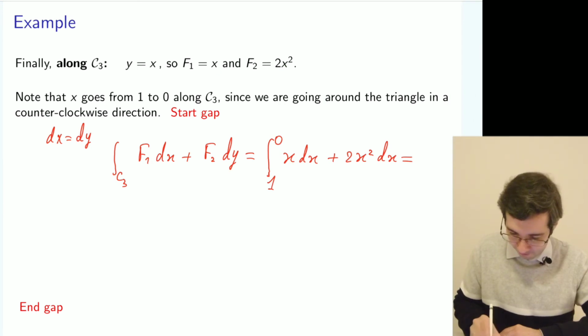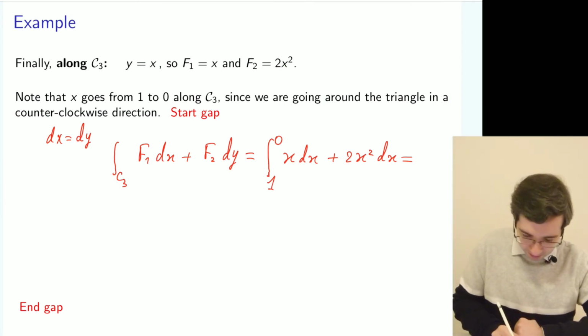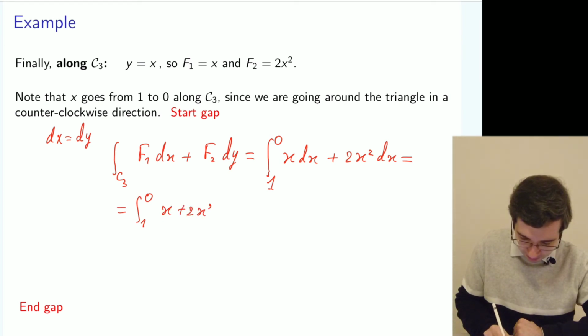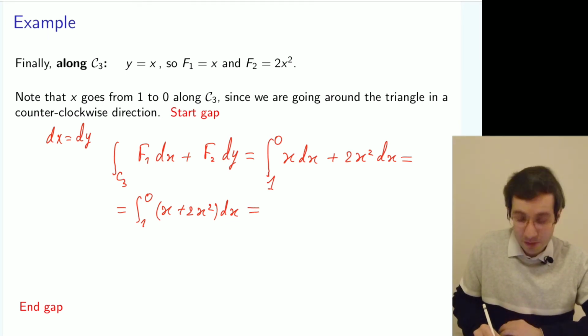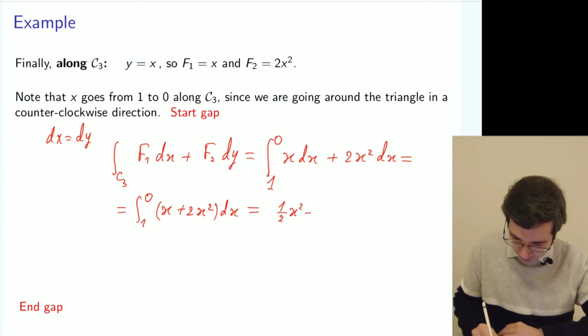values. Which brings us to the integral from 1 to 0 of x plus 2x squared dx, which is just in algebraic expression 1/2 x squared plus 2/3 x cubed.